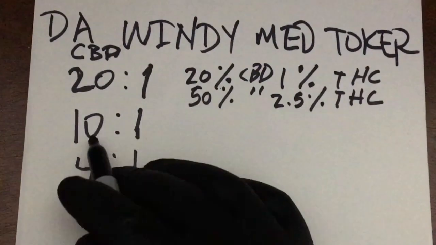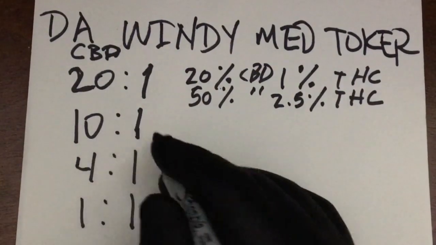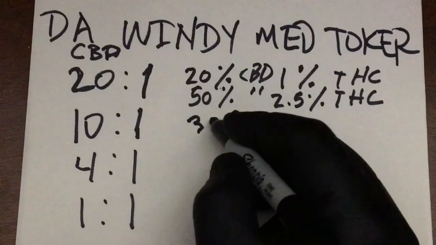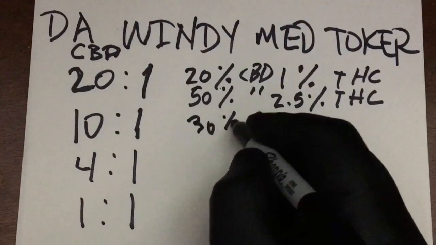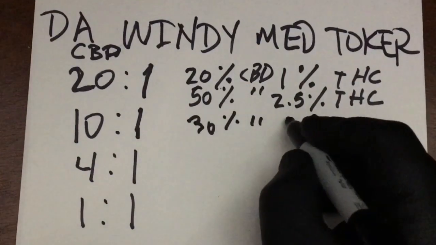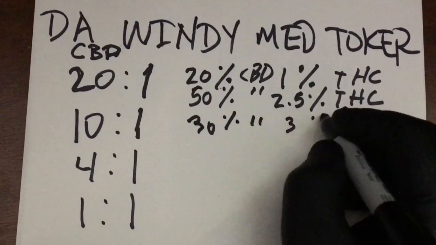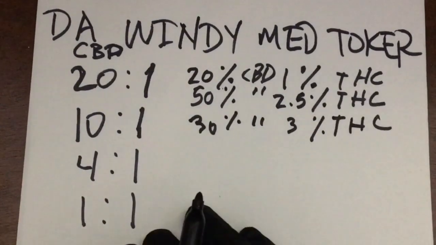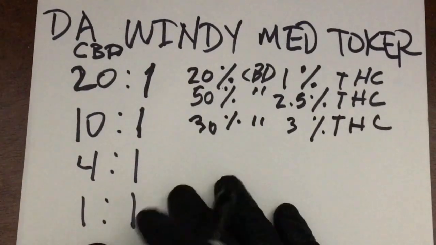So if it was a 10-to-1 and you had, let's say, 30% CBD, this would have 3% THC. And that goes for edibles as well.